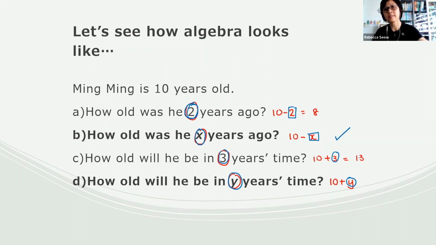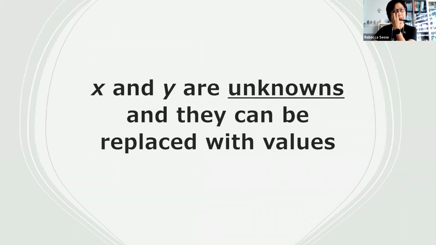So if you look at the second question and the fourth question, these are questions that ask you to give your answer in algebraic form. Now, X and Y are unknowns, as I told you earlier. However, they can also be replaced with numbers, with values.